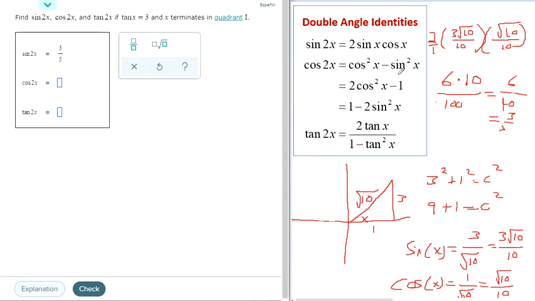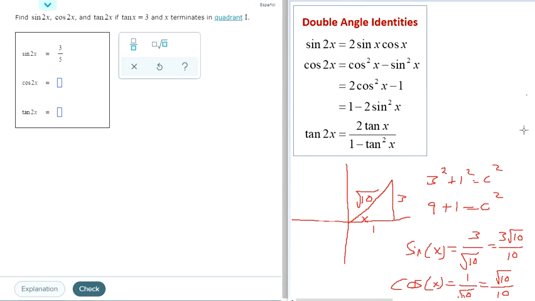Okay, and then you can keep going for cosine of 2x. Cosine of 2x, use any one of these formulas. They all should come out to the same result because cosine of 2x could equal any of these three things. Okay, so cosine squared, that means we got square root of 10 over 10 squared.